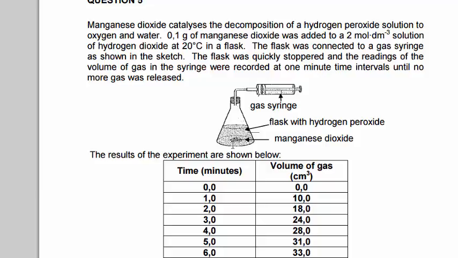Okay. What you will see, however, is the gas. How will you see the gas? Inside the flask, you'll start seeing bubbles forming. It will start fizzing. That is the gas being released. And where will the gas be released? Well, it will look like it's the manganese dioxide that's fizzing.